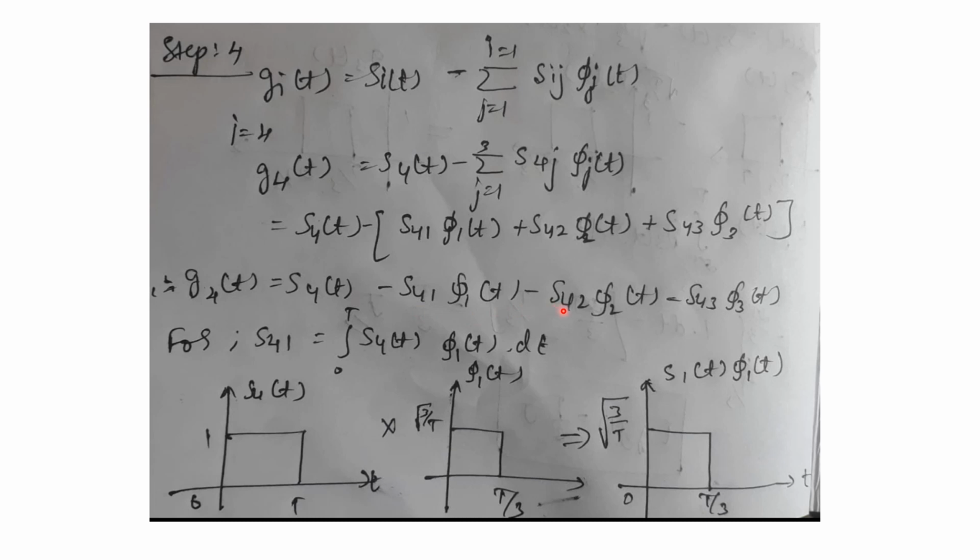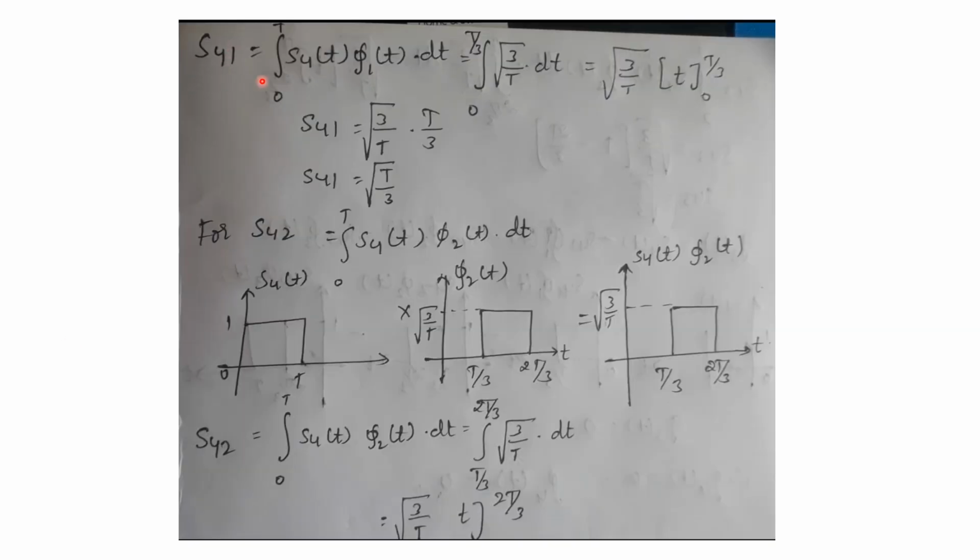minus s42 phi 2 of t minus s43 phi 3 of t. For s41, we have the integration of 0 to T of s4 of t into phi 1 of t dt, and the plots for the above simplification are given below.